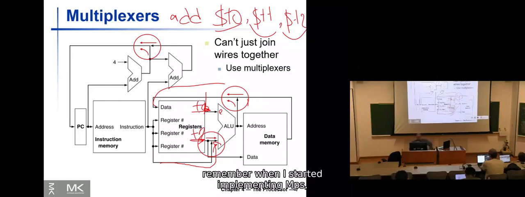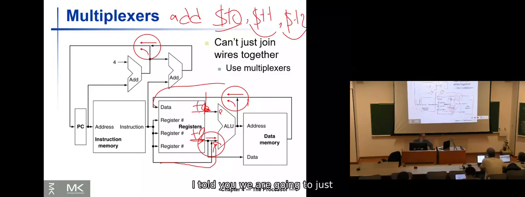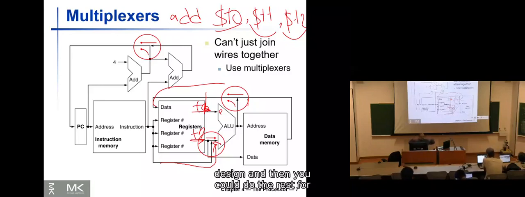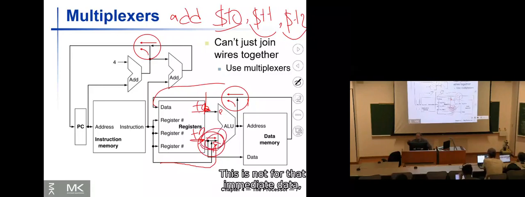Remember, when I started implementing MIPS, I told you we are going to implement only a limited set of instructions, not the whole thing. So you will get an idea of how to design, and then you could do the rest yourself, or you could go to the book, to the other chapters, and see everything. But the first version, we limited. So this is not for immediate data here, but of course it is for that, just not in this design.